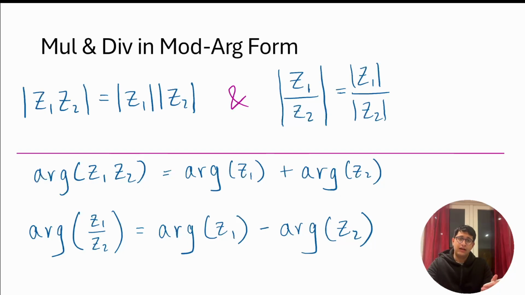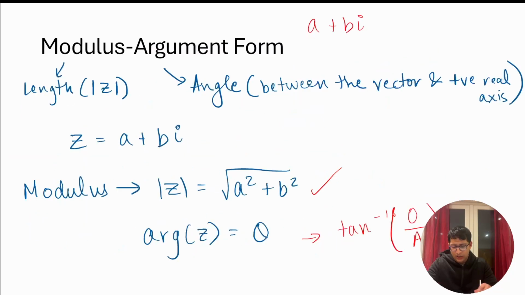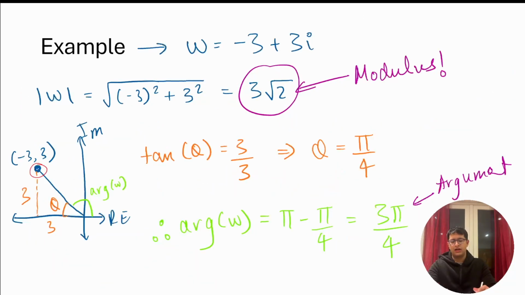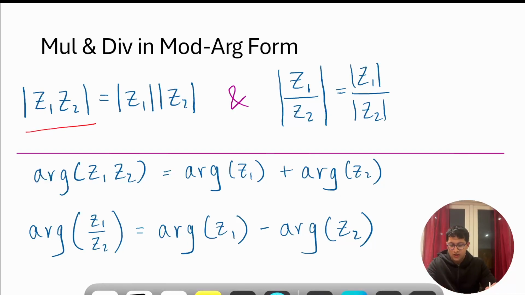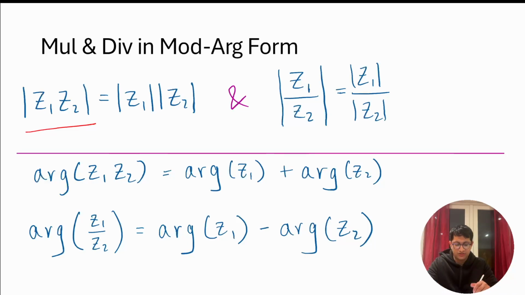When you multiply and divide complex numbers, you saw how long it was, right? When you had to do the old expanding the brackets method in the Cartesian format. It's actually much easier to multiply and divide complex numbers when they're in their modulus argument form, because when you're multiplying, as you can see here, you just multiply the moduluses together, and when you're dividing, you just divide the moduluses.